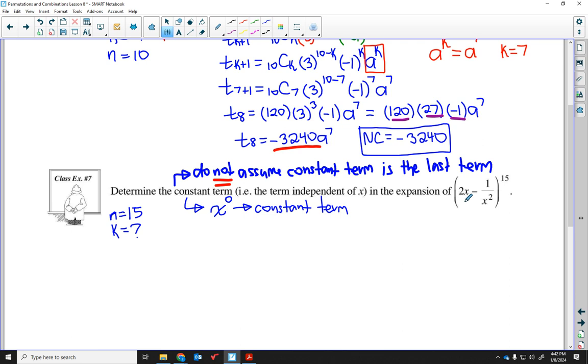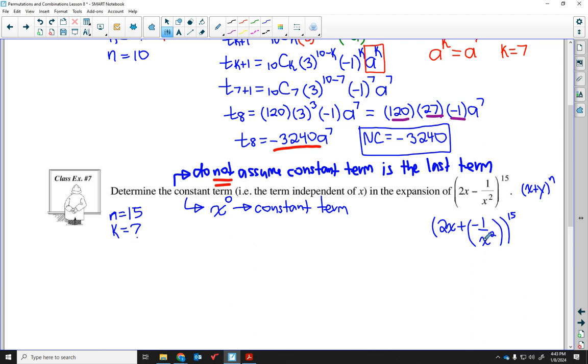Now, furthermore, this is a really ugly expression. So again, we want to try to write things in the format x plus y all to the power of n. So I'm going to write this down as 2x plus negative 1 over x squared, all to the power of 15. Now, I still don't like that because now I have a denominator and I don't want that at all.